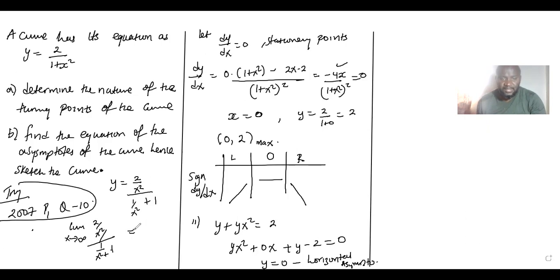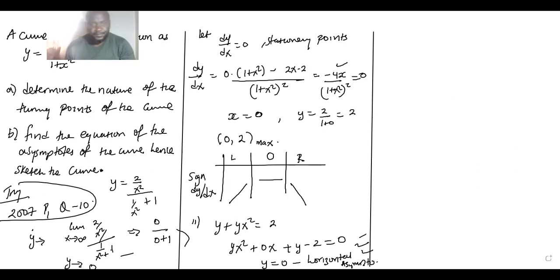And this will give us 0 out of 0 plus 1. So you will see that our y tends to 0, which is exactly what I've just got. But remember, the second one is shorter than the first one. So we have got the horizontal asymptote.